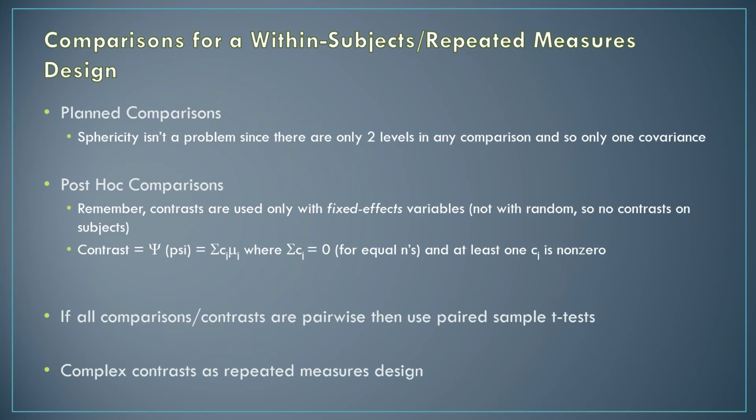But when you have planned comparisons, you don't have to worry as much about sphericity and the assumption of sphericity, where it's not a problem since a lot of times there's only these 2 levels in any comparison. And so you only have one covariance.